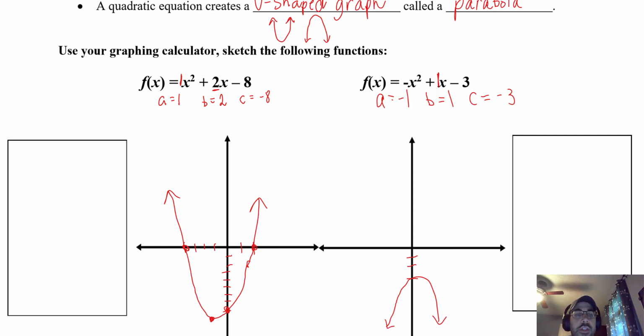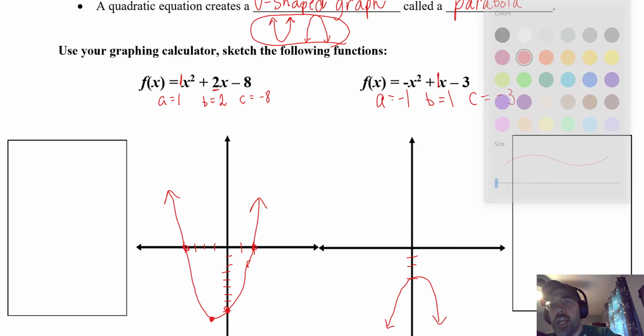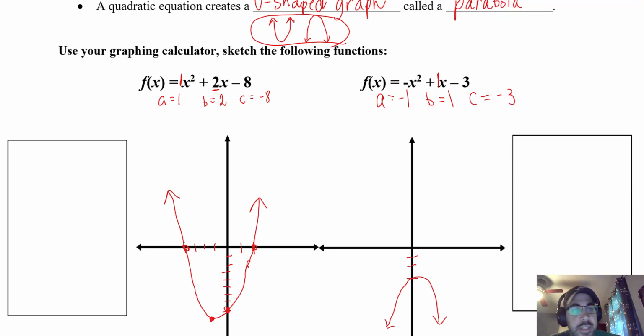And what we want to focus on is the general shape. So we said there's two types of parabolas. There's a U shape and an upside down U shape. So we see what forms the U and what forms the upside down U, and it's that a value.